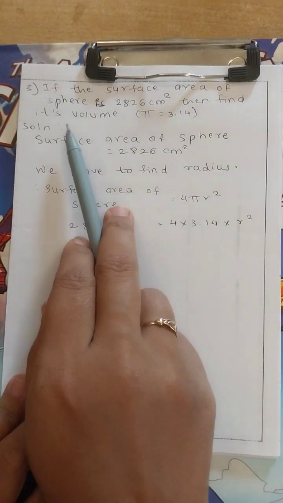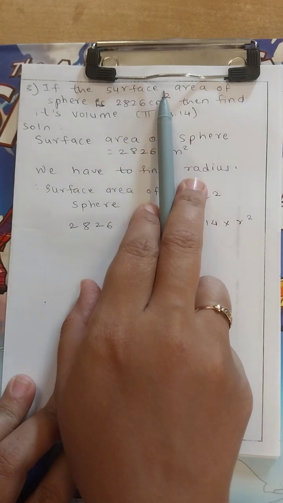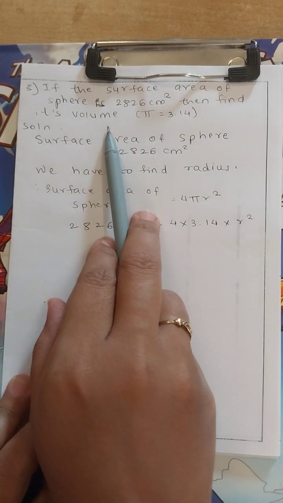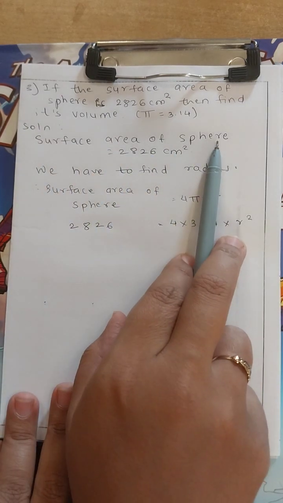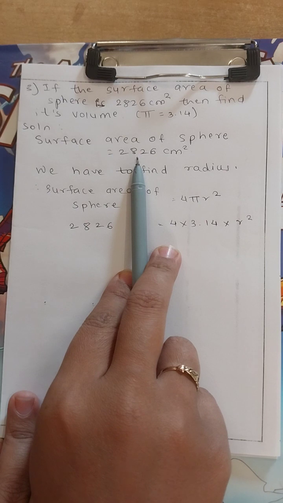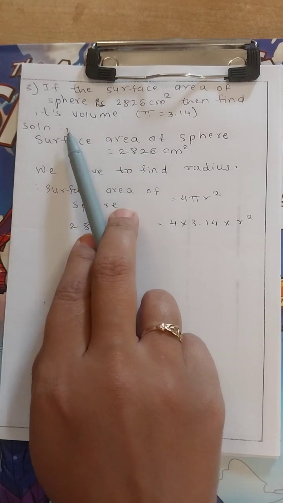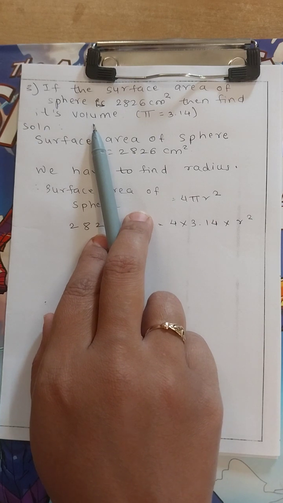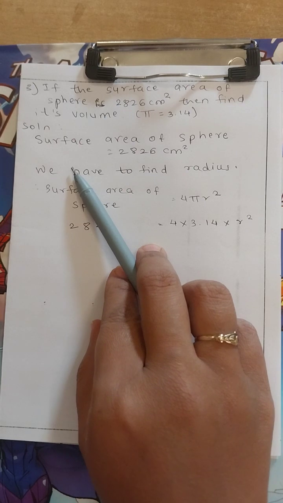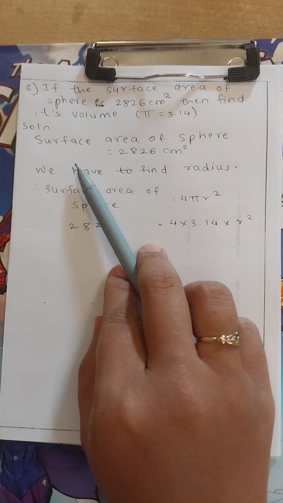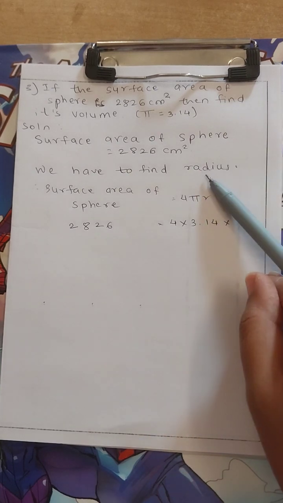If the surface area of a sphere is 2826 centimeter square, then find its volume. Here the surface area of a sphere is given as 2826 centimeter square, and they have asked us to find its volume. But without the value of r, you cannot find the volume. Therefore, firstly you have to find the radius r.